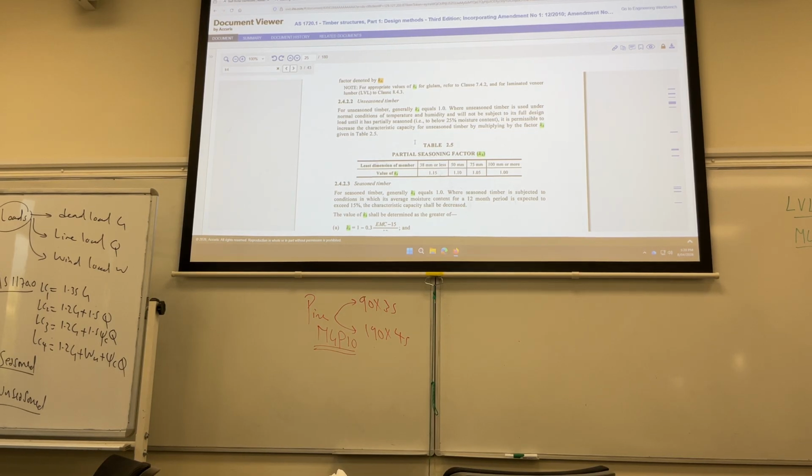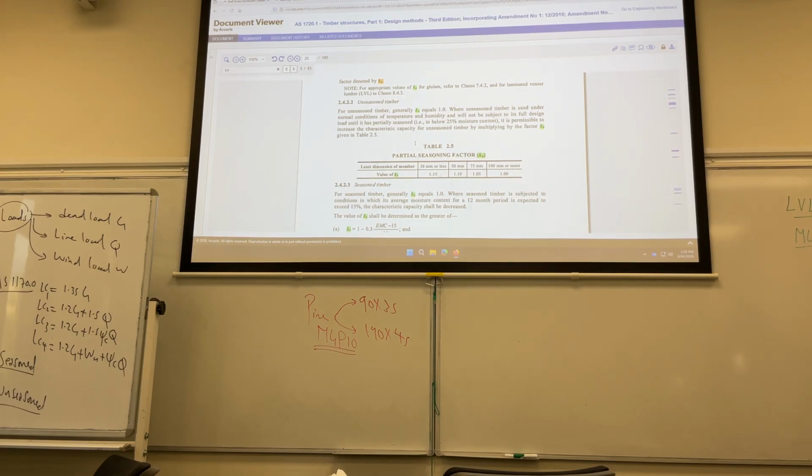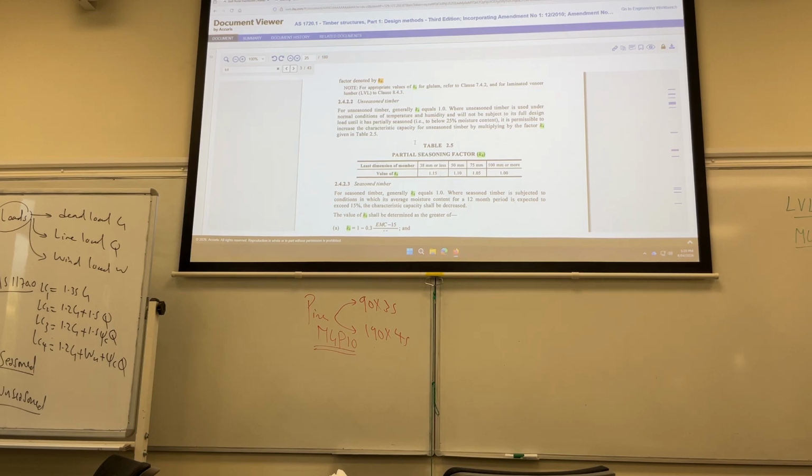Where unseasoned timber is used under normal conditions of temperature, it will not be subject to its full design load until it is partially seasoned. So how much is the factor K4? If the thickness or the width of the member is 38 millimeter, we can take it as 1.15. If it is 100 millimeter or above, we can take it as 1.